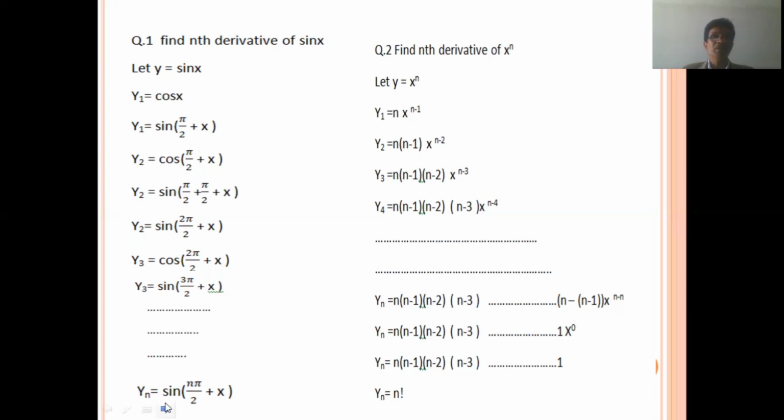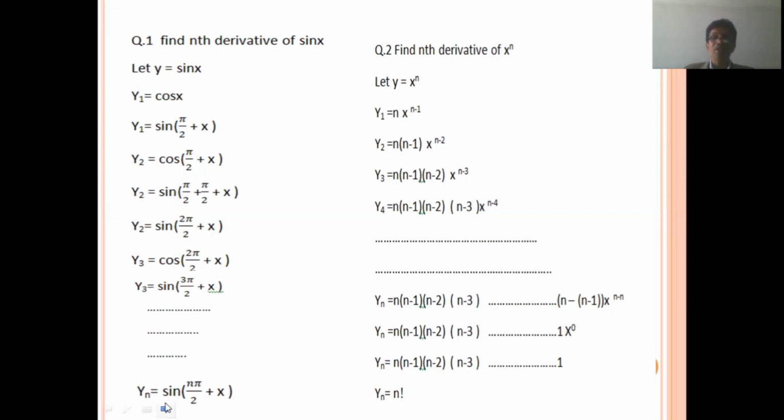Now the third derivative: n(n minus 1)(n minus 2) x to the power n minus 3. The fourth derivative: n(n minus 1)(n minus 2)(n minus 3) x to the power n minus 4.